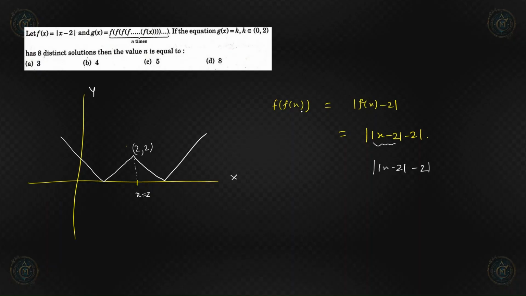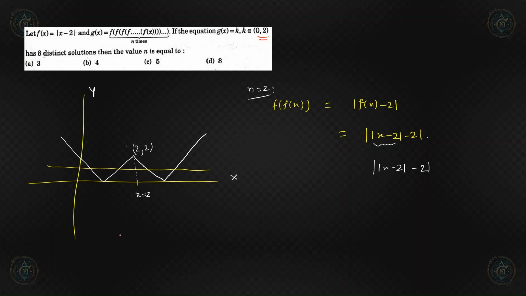Now see, if we have n equal to 2, we are talking about n equal to 2. For n equal to 2, if we draw a line y equal to k, this line is some constant, and k belongs to open 0 to open 2.